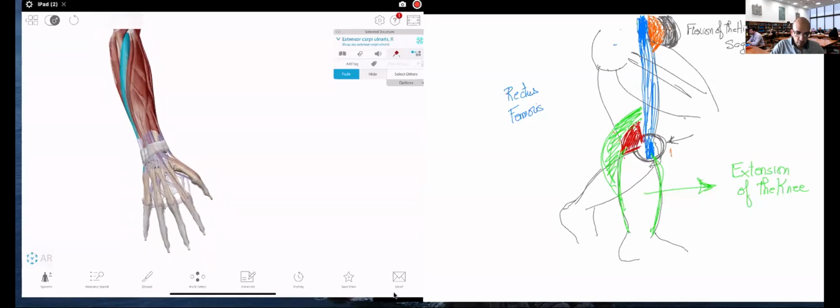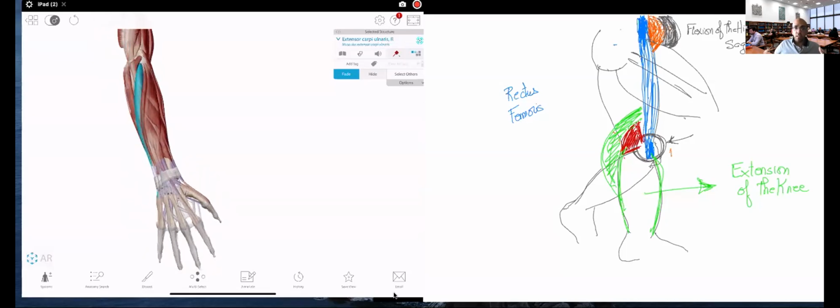The appearance of the muscle reminds me of the name of the muscle, and it reminds me of the action of the muscle. I'm performing extension of the wrist, and I'm ulnaris. Ulnaris means on the medial side, and being on the medial side, this means I'm putting the hand to move inwards, towards my body. What do we call this movement?